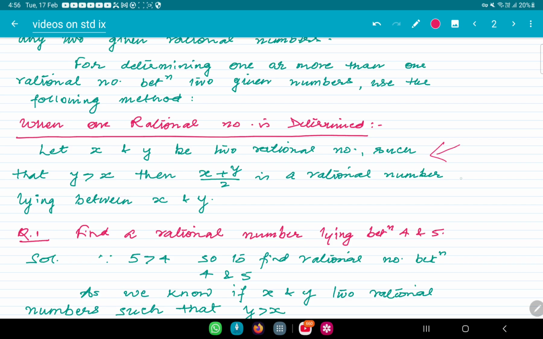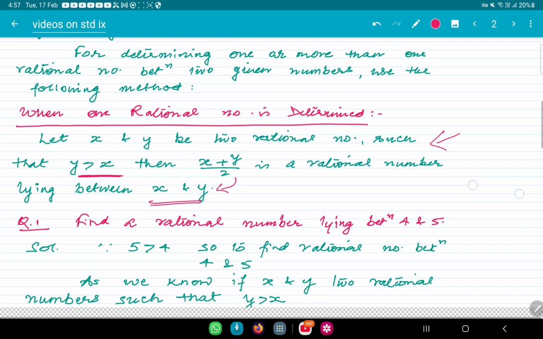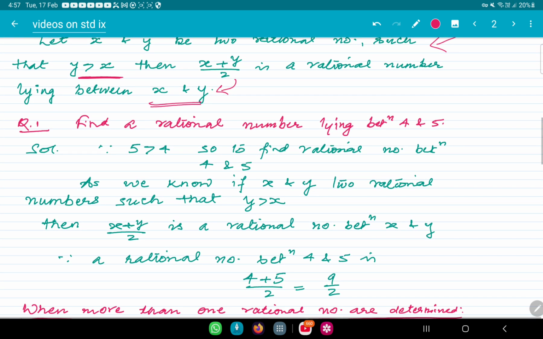Through this method, let x and y be two rational numbers with y greater than x. Then (x plus y) divided by 2 is a rational number, and it lies between x and y. Now we take an example: find a rational number lying between 4 and 5.